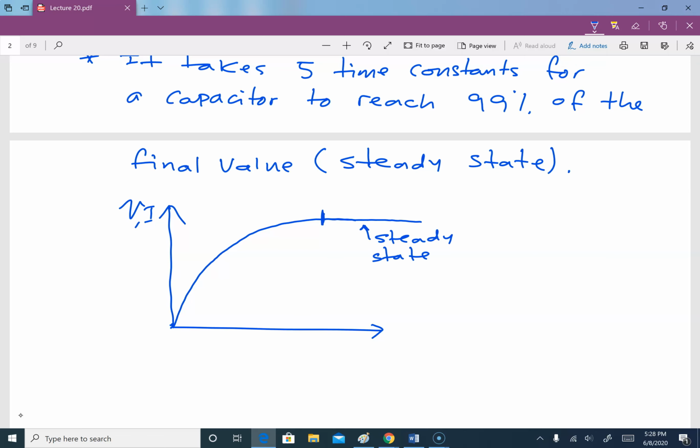And the whole portion over here is the transient time. Why is that? Because the value of our voltage or current is increasing exponentially, and it takes 5 time constants, which is 5 tau, to reach this value, which is almost the steady state value.